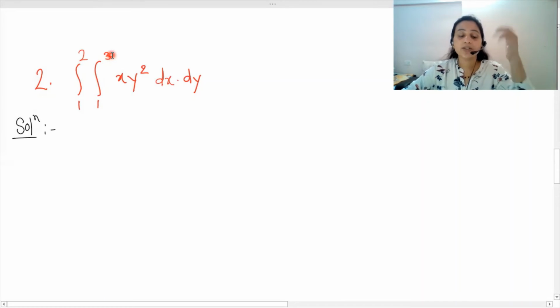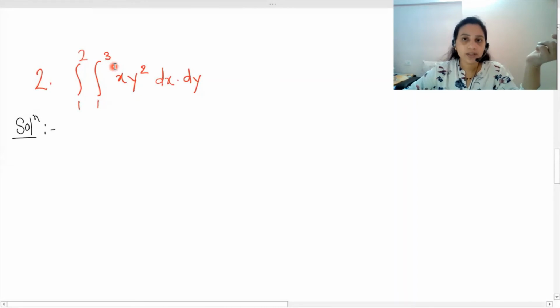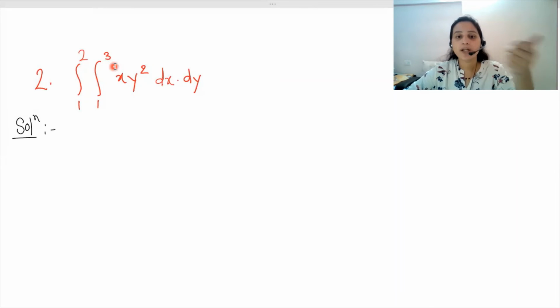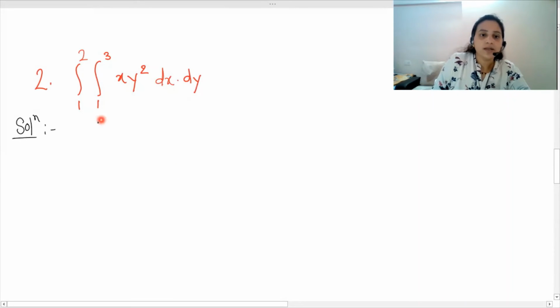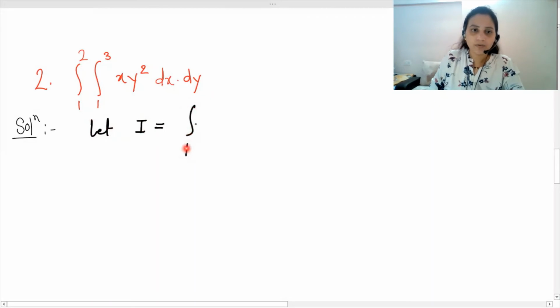In the last session, we discussed that if the limits of the inner integrals are constants, then we can integrate with respect to x first or with respect to y. In this example, we are going to integrate first with respect to x and then with respect to y. So let's start. Let I equal integration 1 to 2, integration 1 to 3, x y square dx dy.